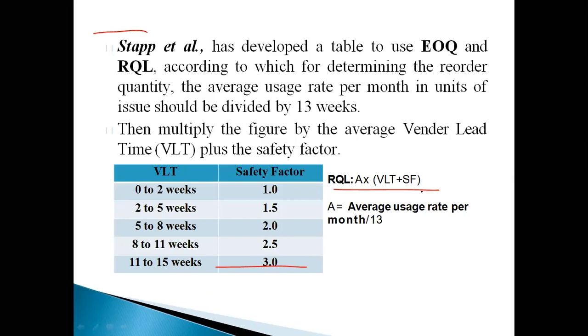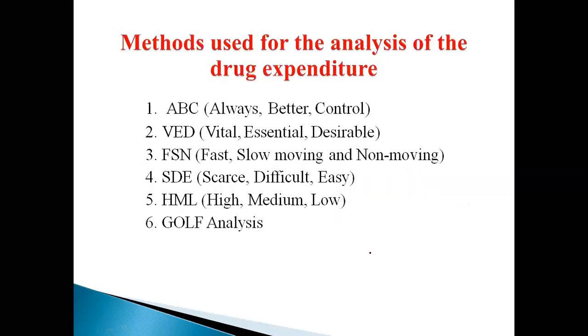VLT means vendor lead time, and plus safety factor means a particular stock should be with us before our reorder goes to the suppliers. So ROL, A is the average usage rate per month divided by 30. That formula you have to use for the reorder quantity levels.